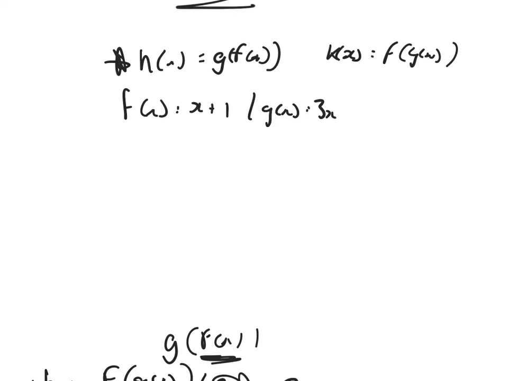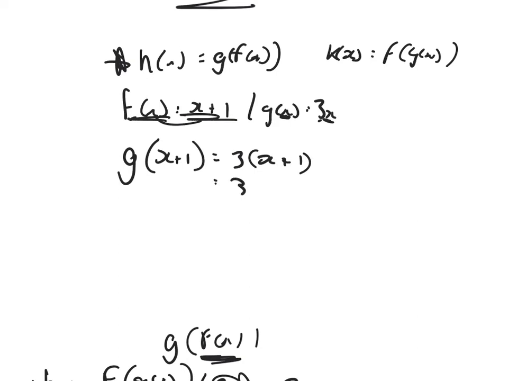So h of x is g of x plus 1, since f of x is x plus 1. The g function is whatever's in the bracket, write it down and treble it, and that's 3x plus 3.